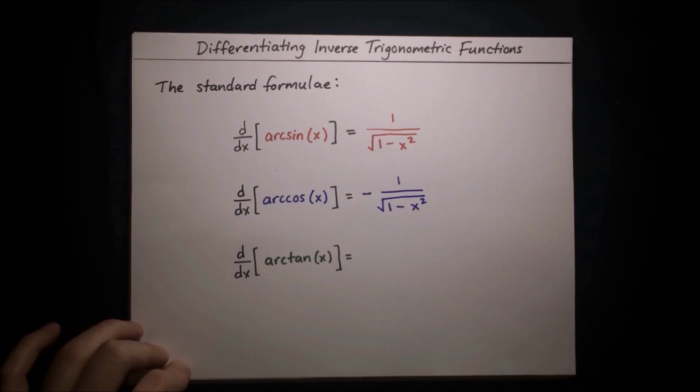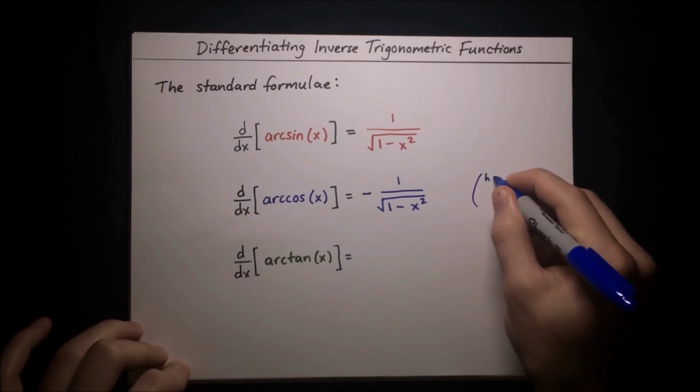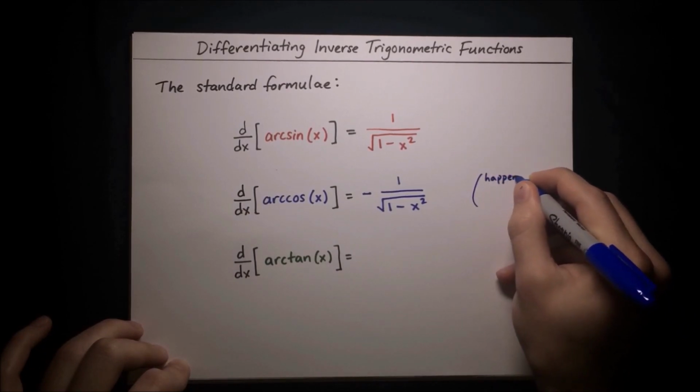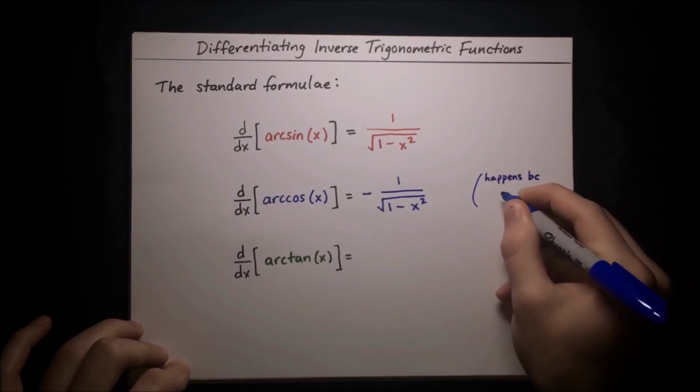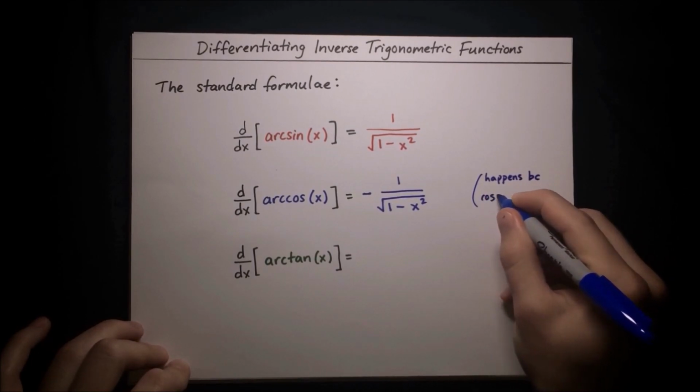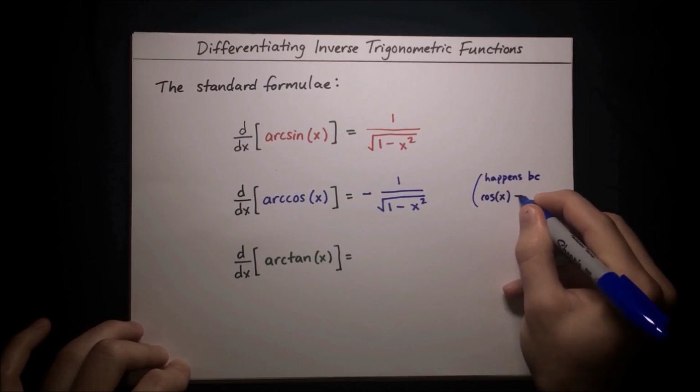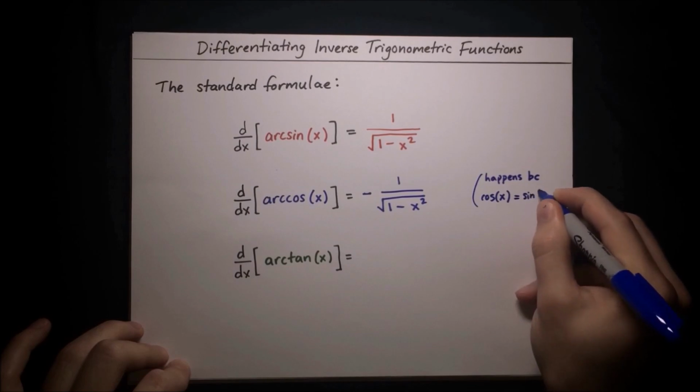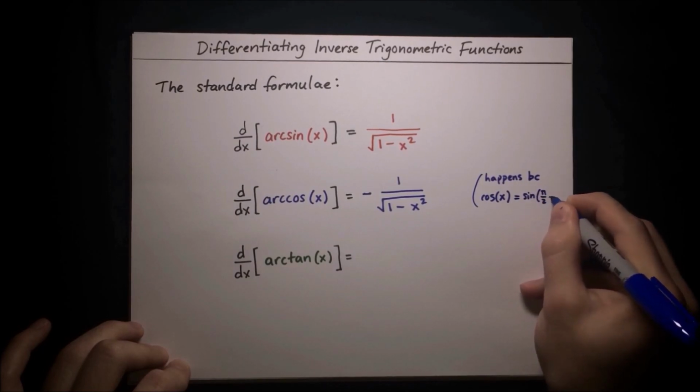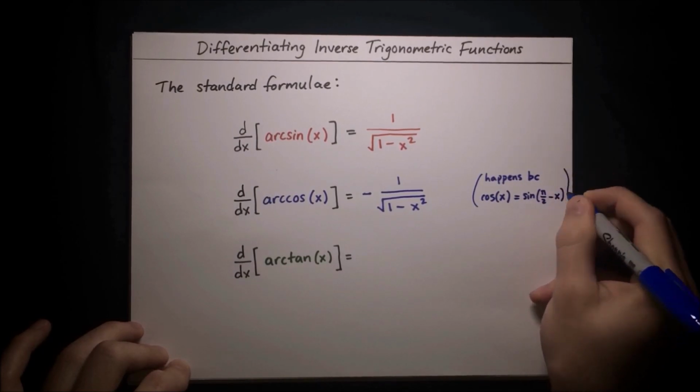And that might seem really strange that it's just the negative of the derivative of arc sine, but it's actually quite intuitive once you think about the relationship between sine and cosine. So this happens because cosine of x is equal to sine of pi over 2 minus x.